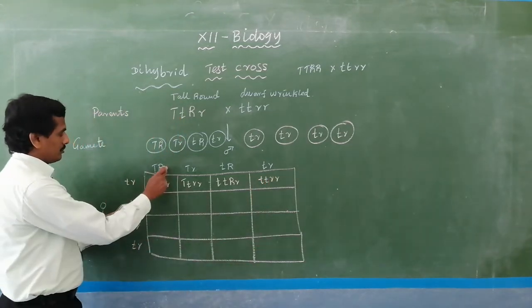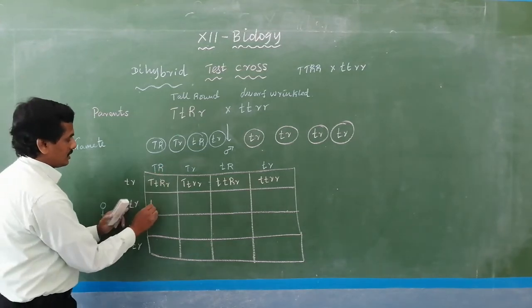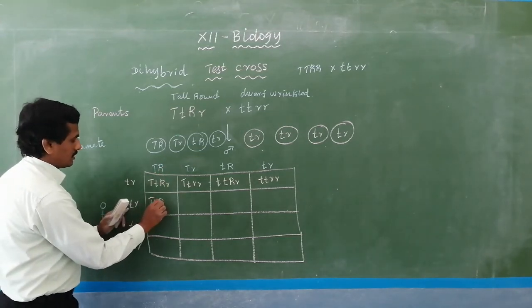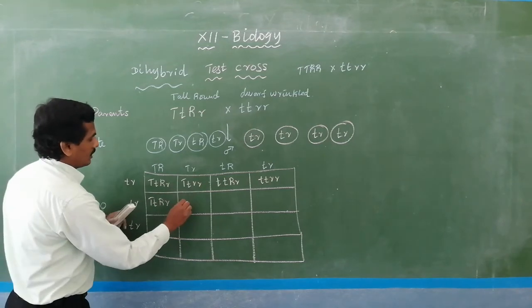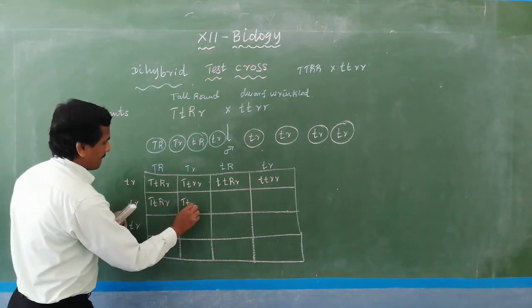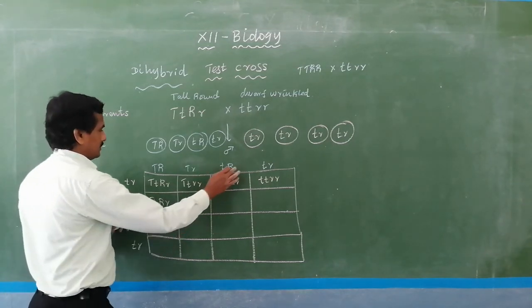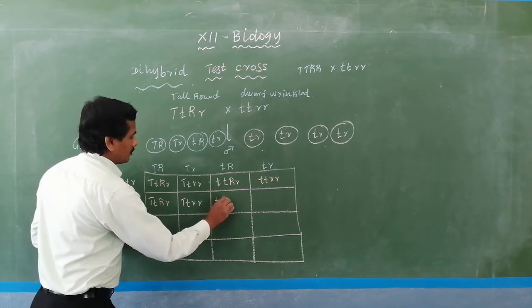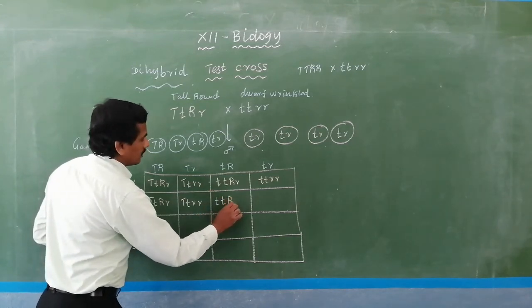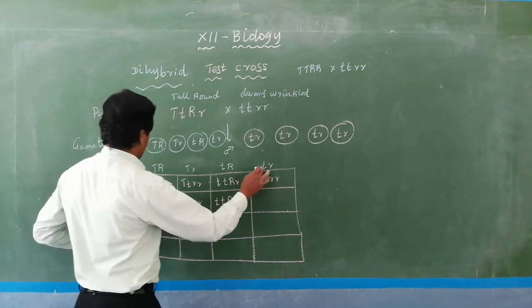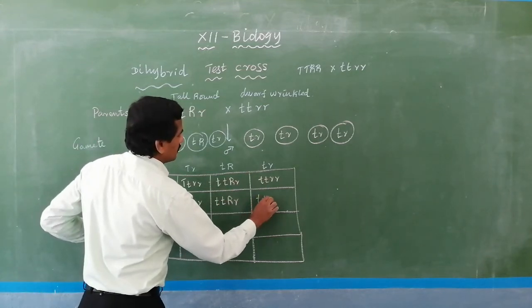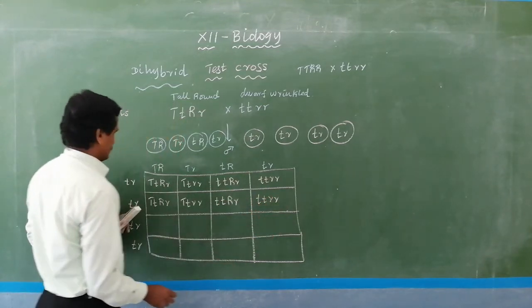Then one male gamete with the female gamete: capital T small t, capital R small r. Here capital T small t, small r small r. Here small t, capital R small r. Then small t, small r small r.